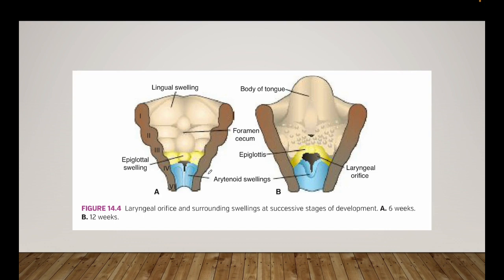The other thing is that cells around this laryngeal orifice will form swellings. Superior to the orifice we will have the epiglottal swelling, okay? And inferiorly we will have the arytenoid swelling. But we want to focus on the epiglottal swelling, which will develop into the epiglottis.